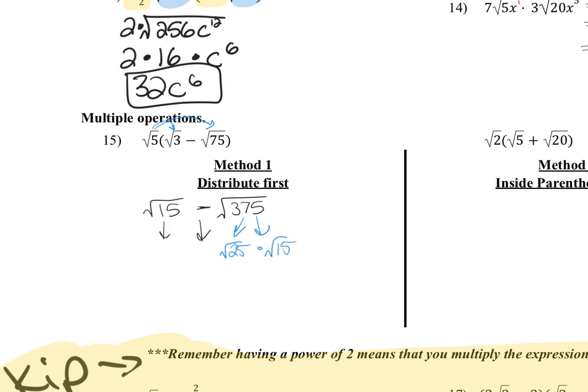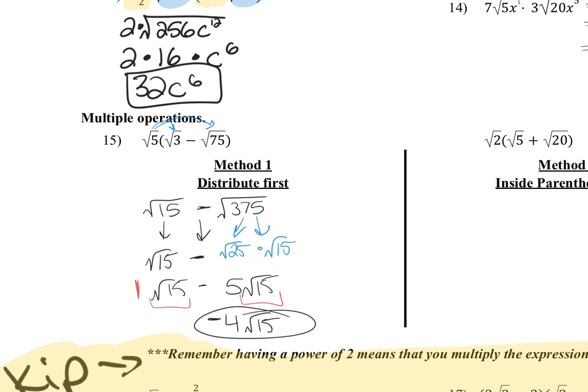This guy still comes down, so we still have square root of 15 to start and a subtraction sign. Square root of 25 winds up being 5, and the square root of 15 stays. Now we have like radicals. Remember, there's a 1 in front of that, so we have 1 minus 5 gives us negative 4 square root of 15 for our final answer.